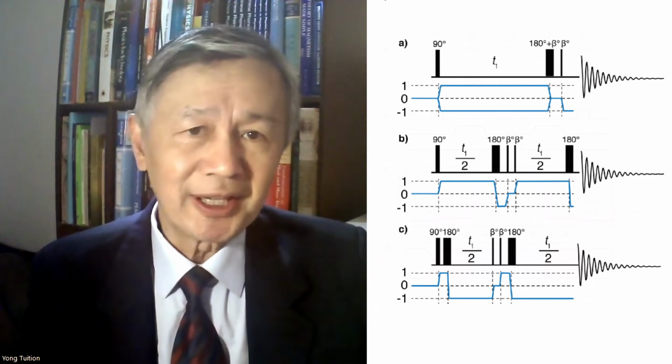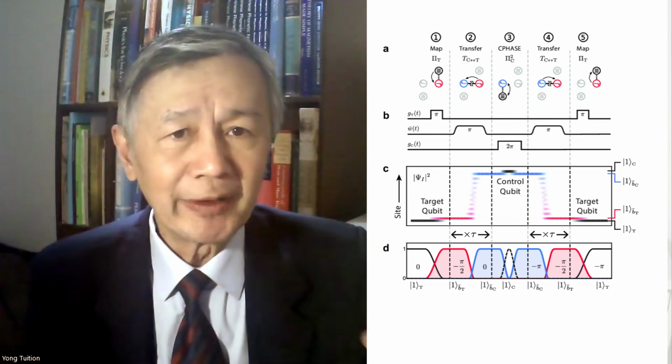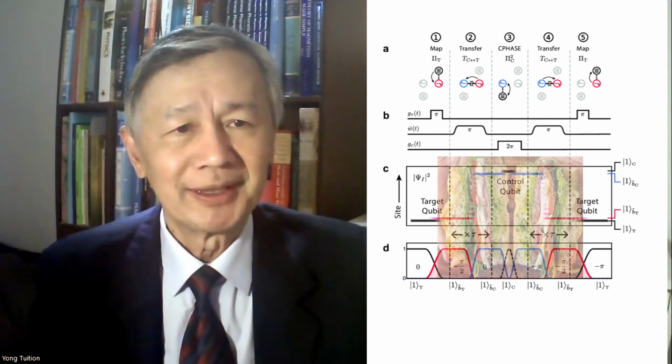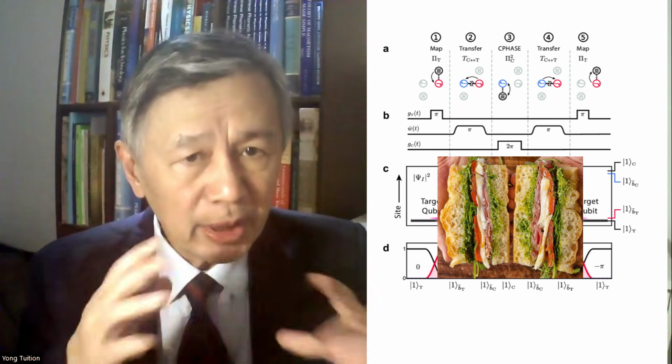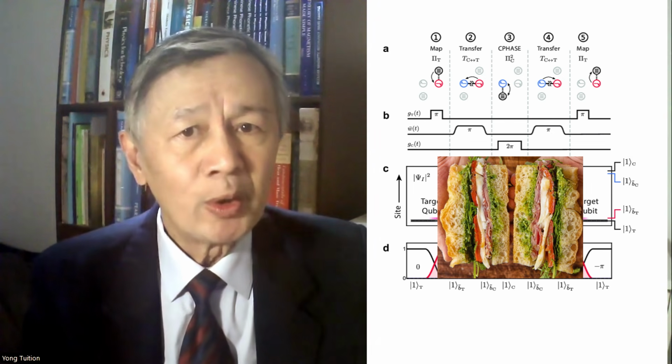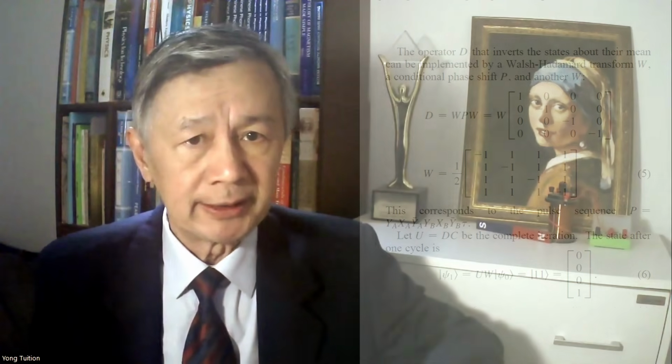Indeed, this is exactly what researchers have been doing in developing quantum computers, namely to build, test, and implement a sandwich with a number of logical gates based on different algorithms, where each logical gate can be represented by a pulse or a pulse sequence.